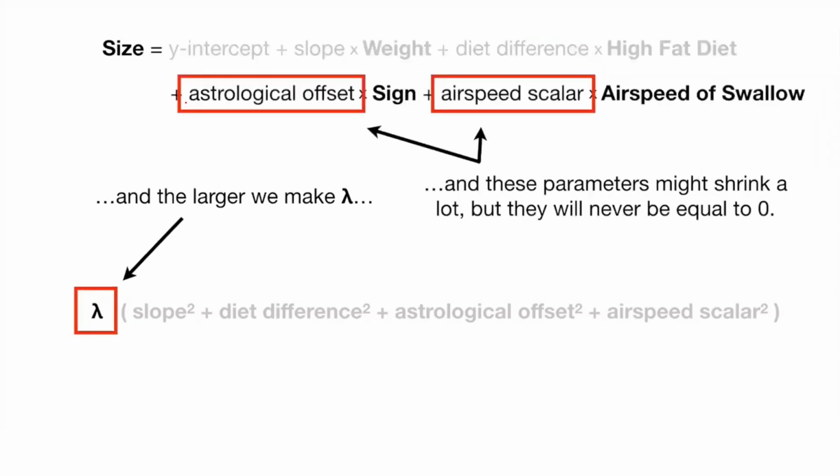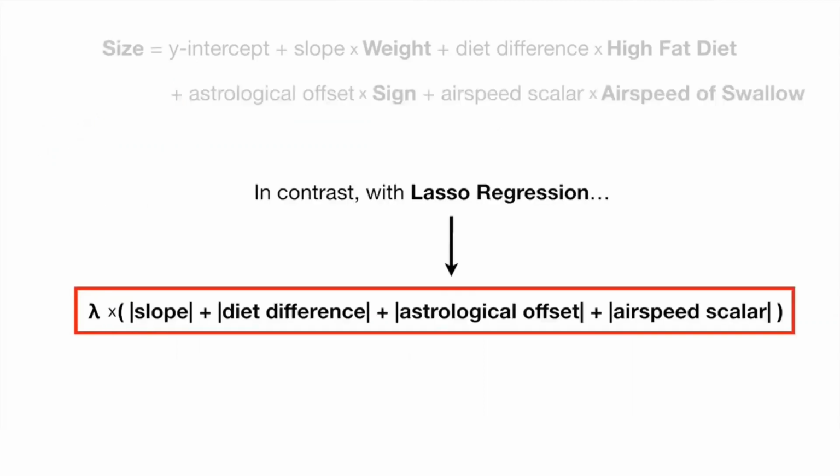Now these are the types of parameters which might shrink a lot, but they will never equal 0. As I said, with ridge regression, you cannot make the value 0. If you could make this value 0, we could have cancelled these. But with ridge regression, we can lessen the effect of these types of variables, but cannot ultimately eliminate them.